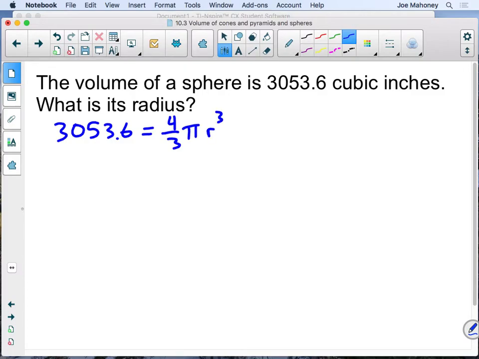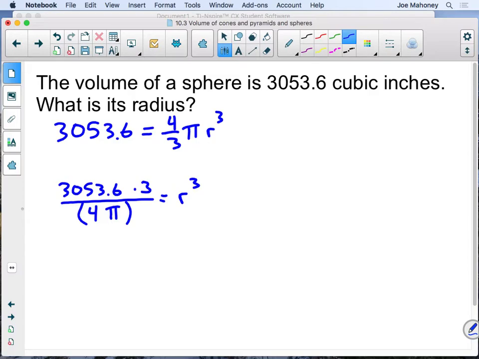And we have to solve for r by undoing the equation. So instead of dividing by 3, let's multiply by 3. So I'm going to multiply 3053.6 by 3. And then instead of multiplying by 4, I have to divide by 4. Instead of multiplying by pi, I'm going to divide by pi. So this expression here is what radius cubed is equal to.